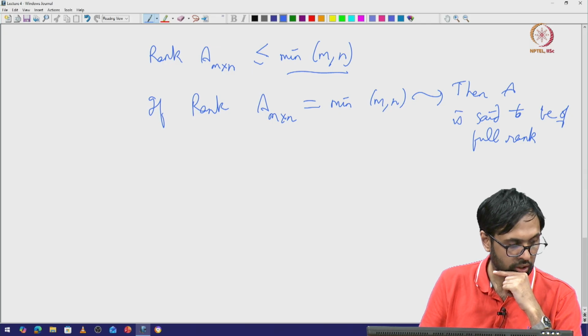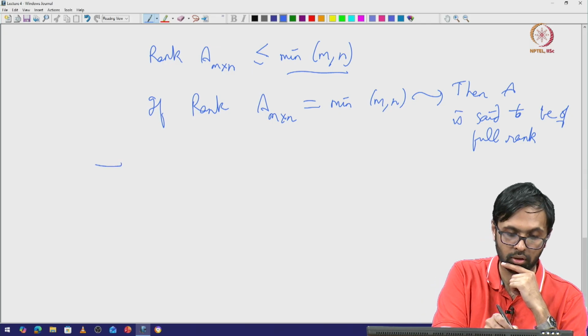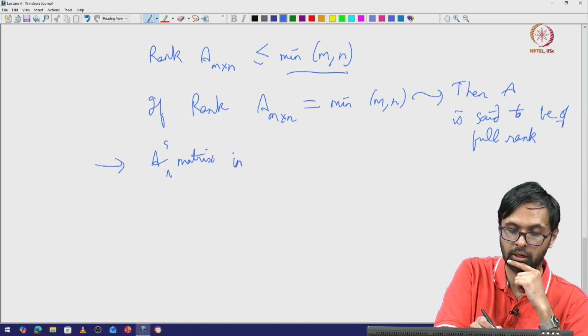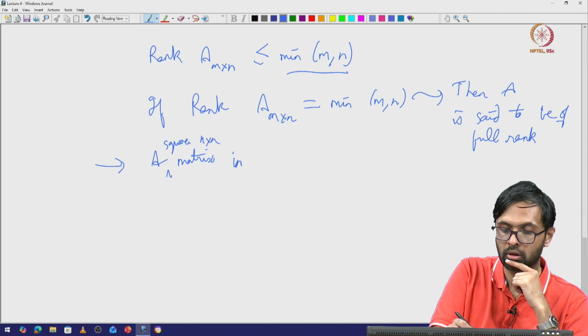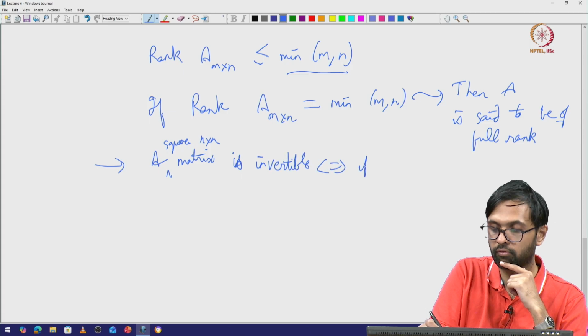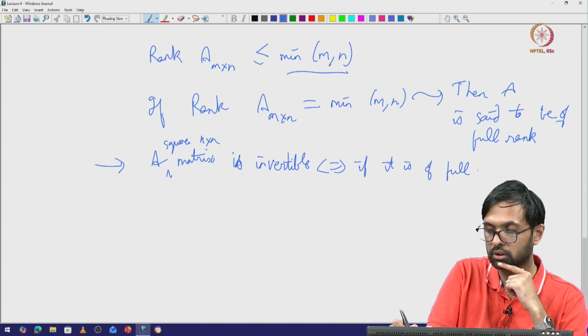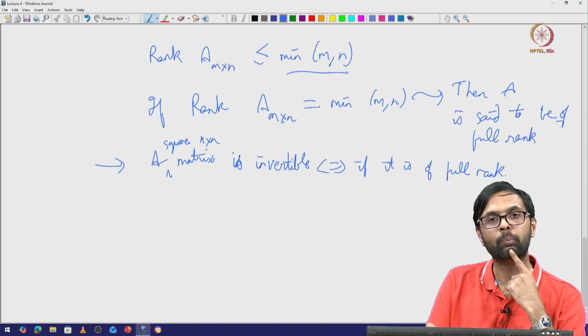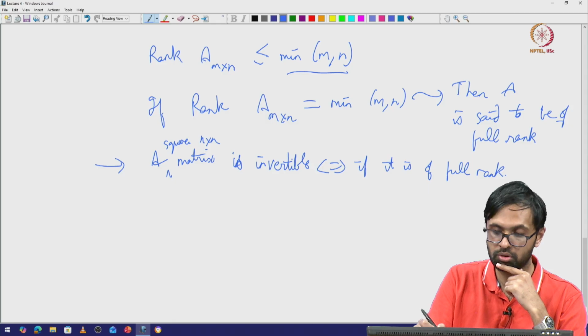Now herein lies an important theorem. A square matrix, an n by n matrix, is invertible if and only if it is of full rank. Why is this so? Well, it's not very difficult to see.